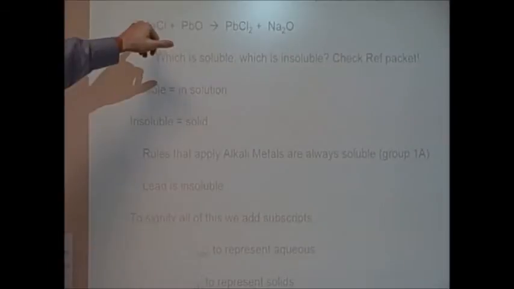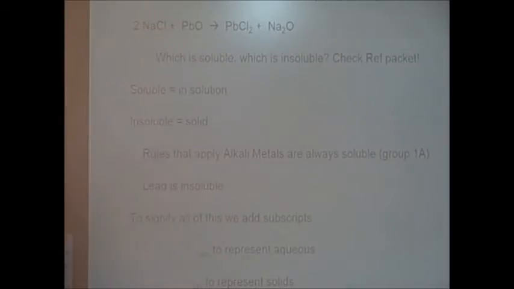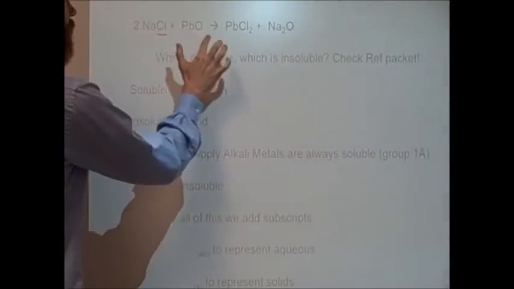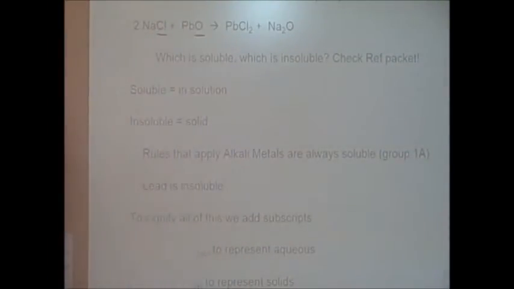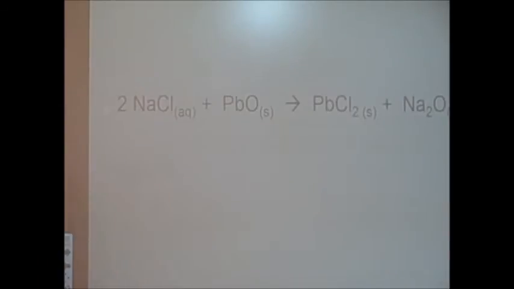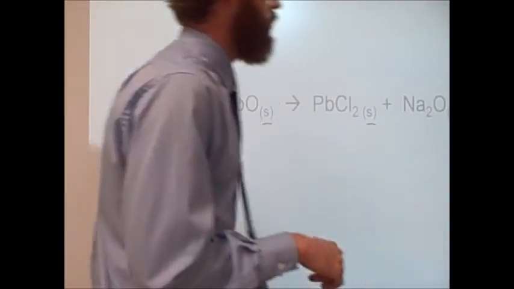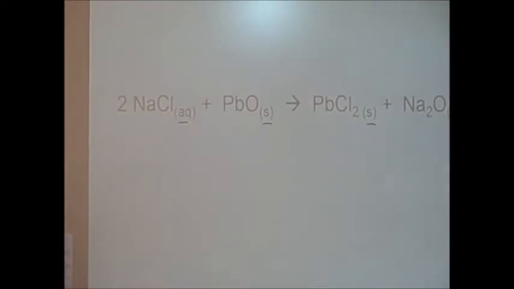So if we're looking at sodium chloride and lead oxide react to form lead chloride and sodium oxide, we know that chloride and the oxygen switch places to make it a double replacement. So we're going to add some prefixes. Now if you notice these prefixes right here, that tells us what is soluble and which is insoluble.